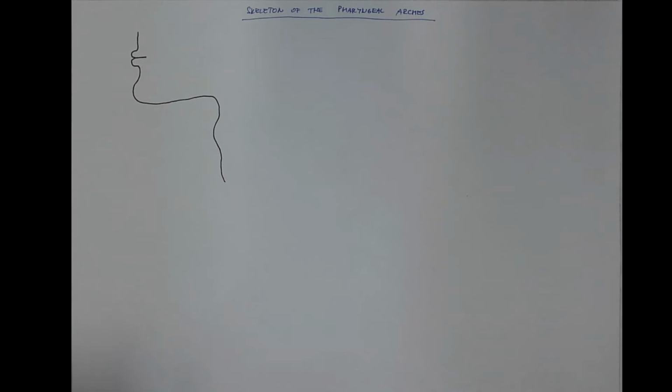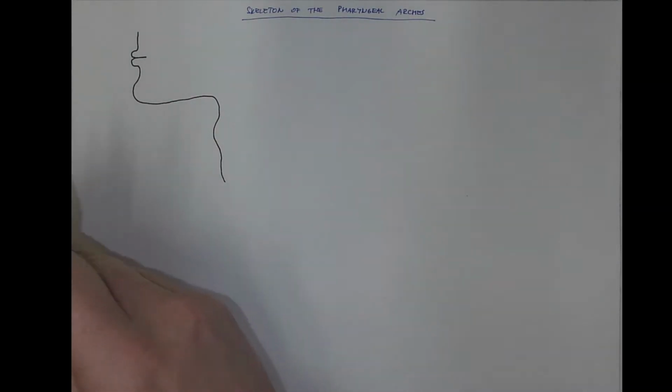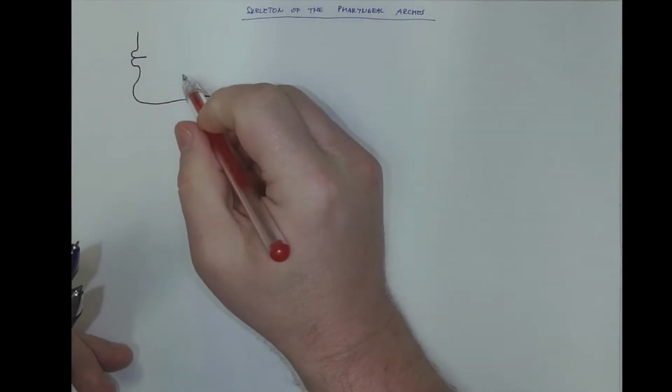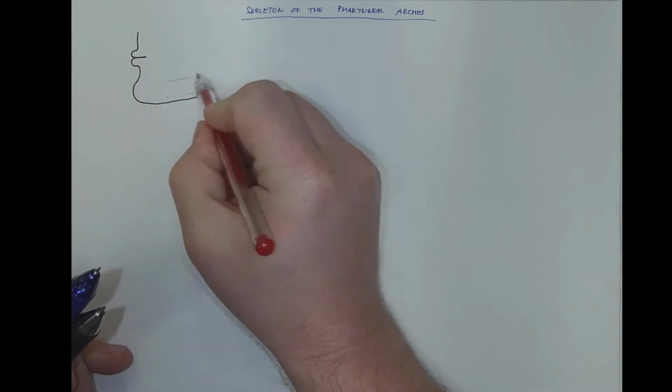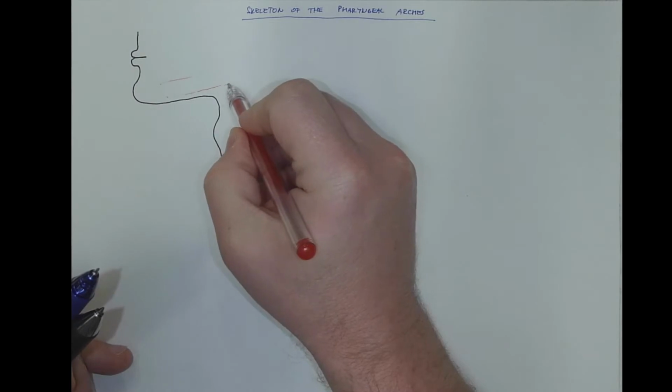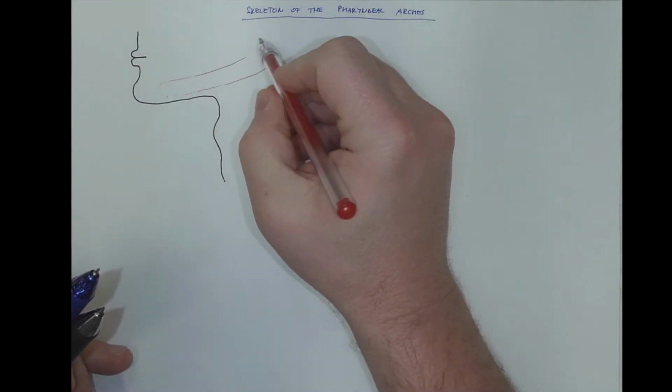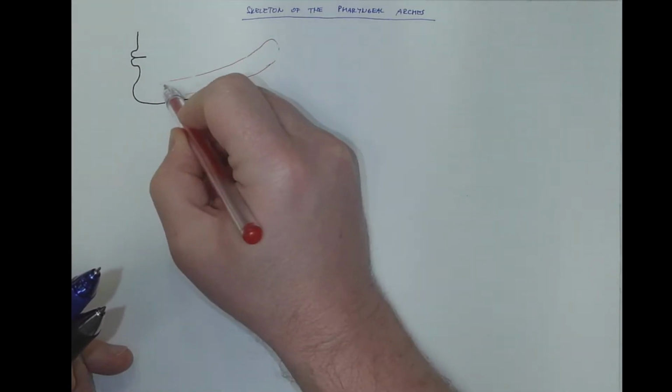So let's explain which components these are. From the mesenchyme of the first pharyngeal arch, and I will use different colors for this, the following components develop.